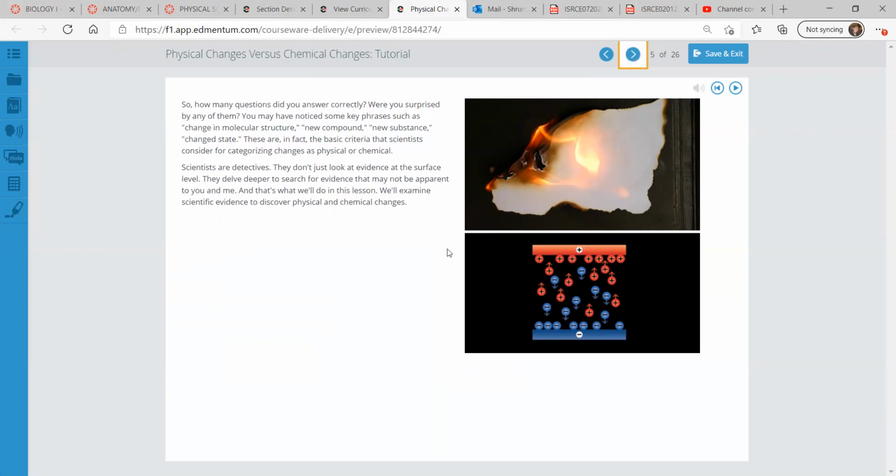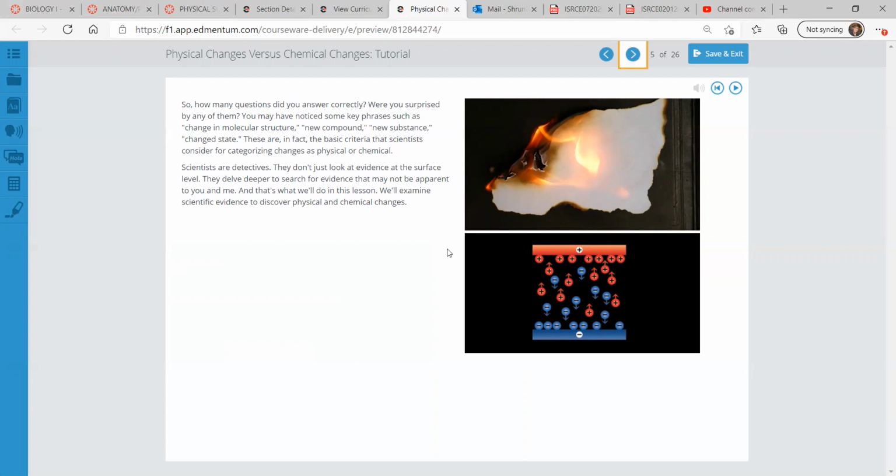You may have noticed some key phrases such as change in molecular structure, new compound, new substance, changed state. Those are, in fact, the basic criteria that scientists consider for categorizing changes as either physical or chemical.